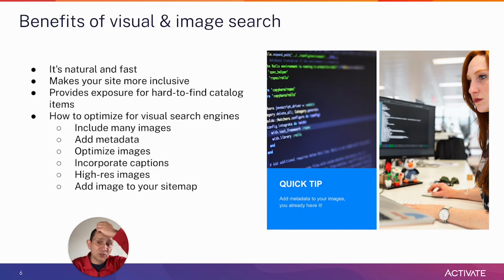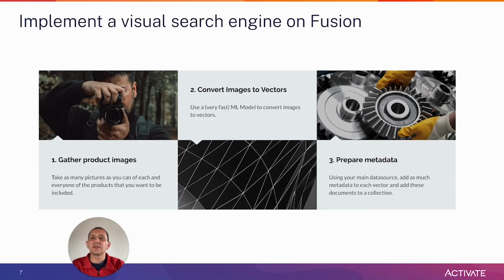So we can use newer formats in order to make them lighter. We can incorporate captions, use high resolution images, as I mentioned, because we can reduce the size of the files. And you can add the images that you have in your website to your sitemap. So that will improve your image search ranking. And of course, it will also provide you with the benefits that we talked about through the visual search engines.